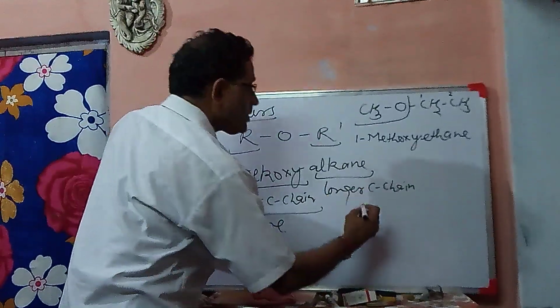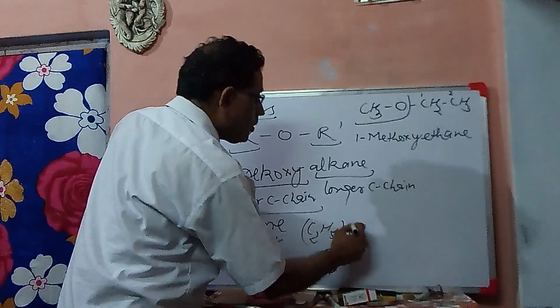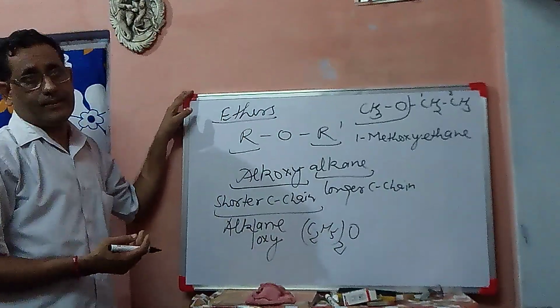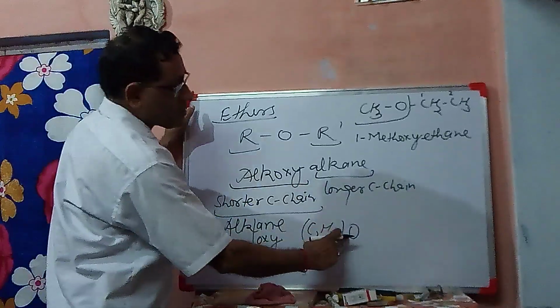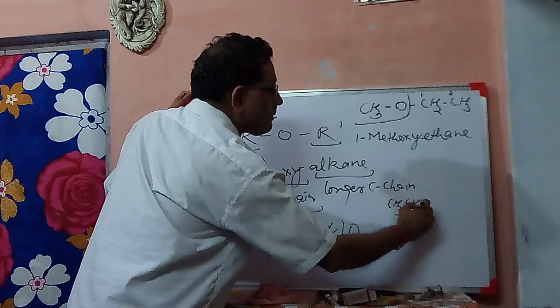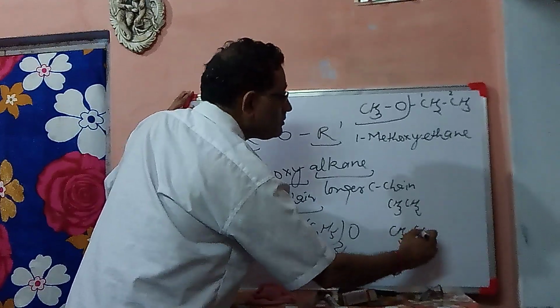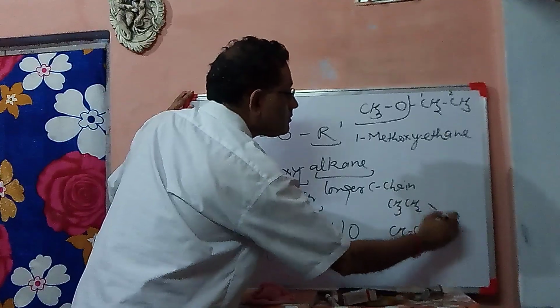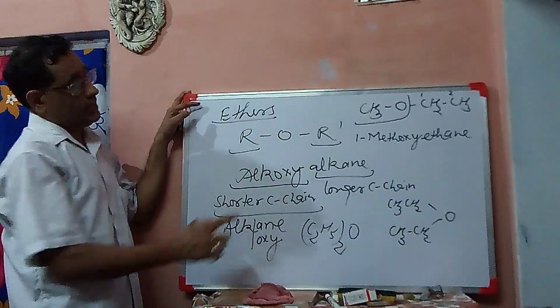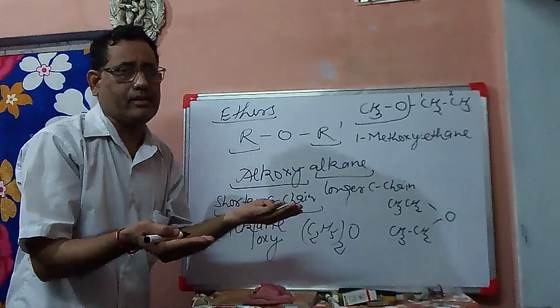In the same way, suppose taken C2H5 twice with O, it is diethyl ether, hence by the oxygen two carbon chains are attached in this way. There are two carbon chains attached and both have the same number of carbon atoms.